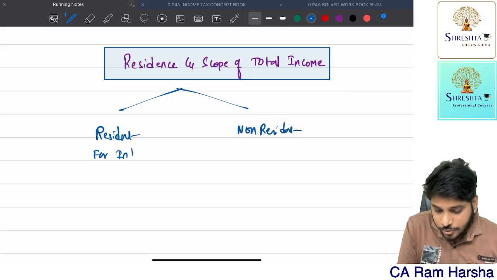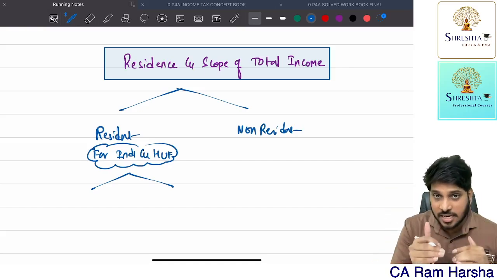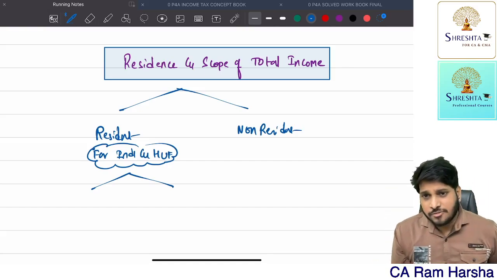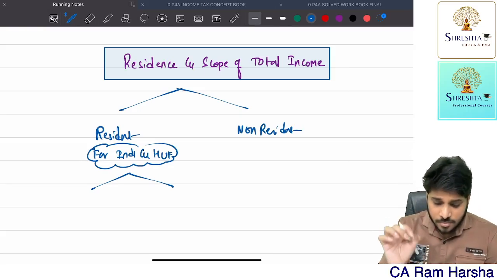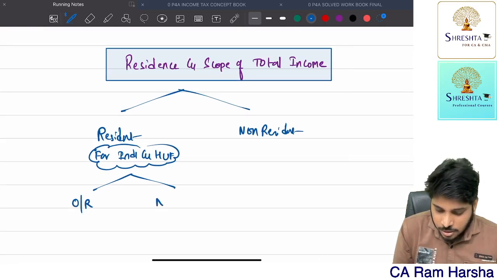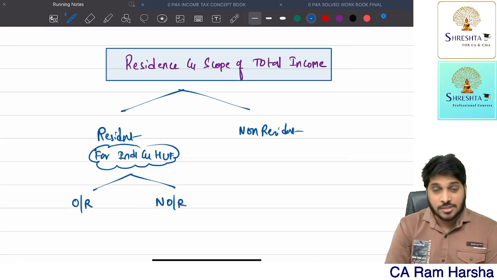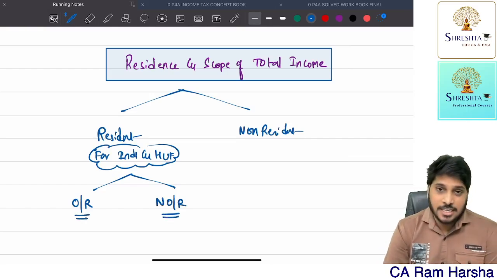But for individuals and HUF, we have two more classifications inside resident. In India, for individuals and HUF type of SSCs, we have two more classifications: ordinarily resident and not ordinarily resident.